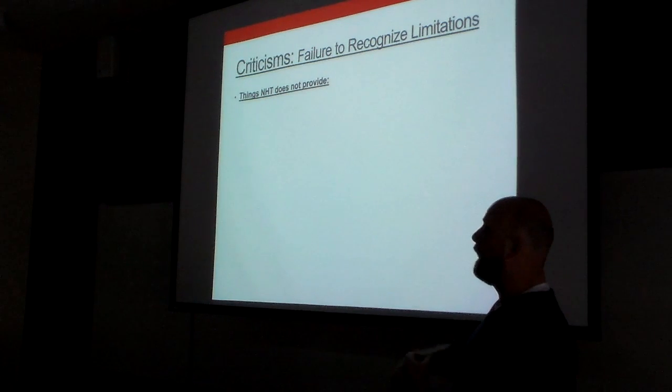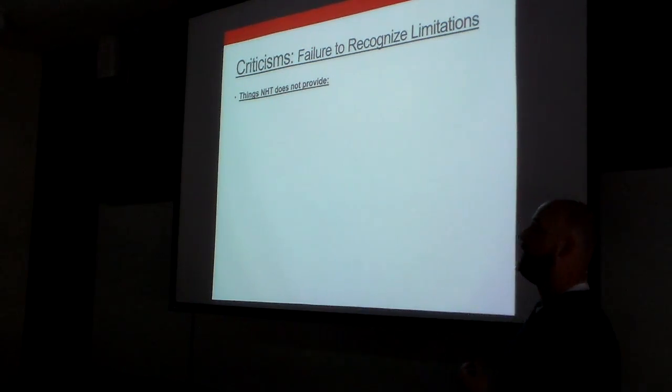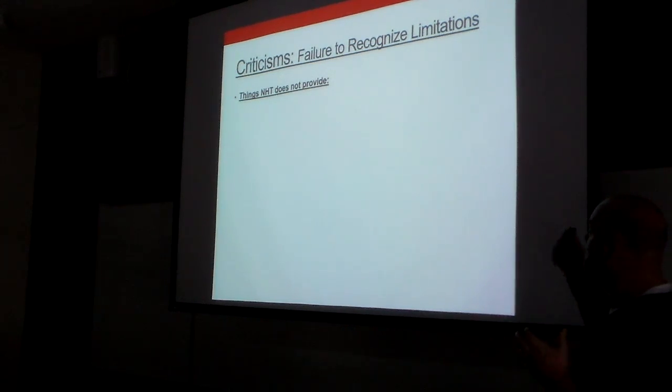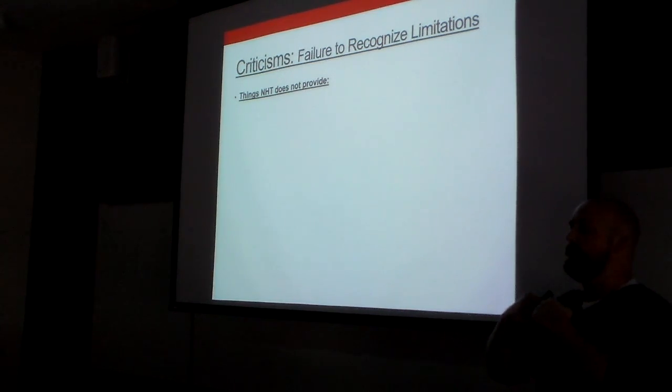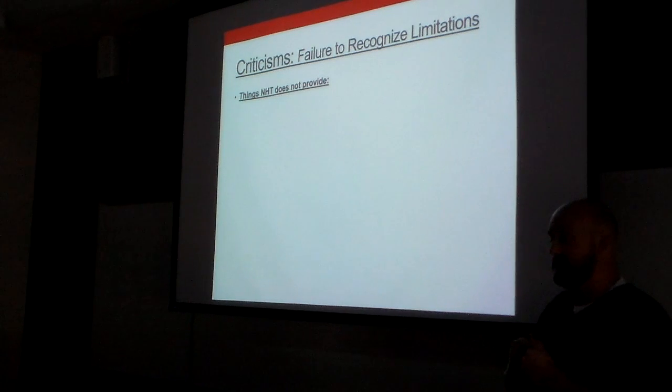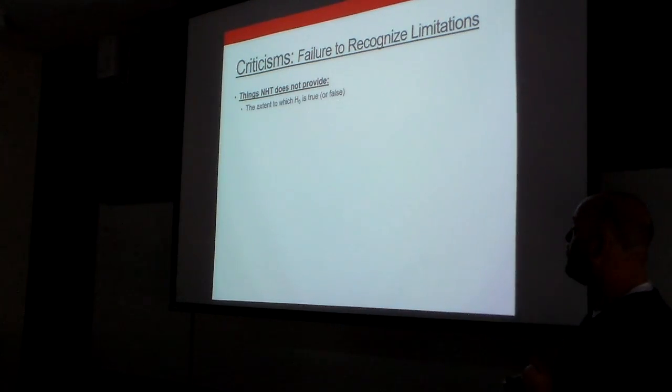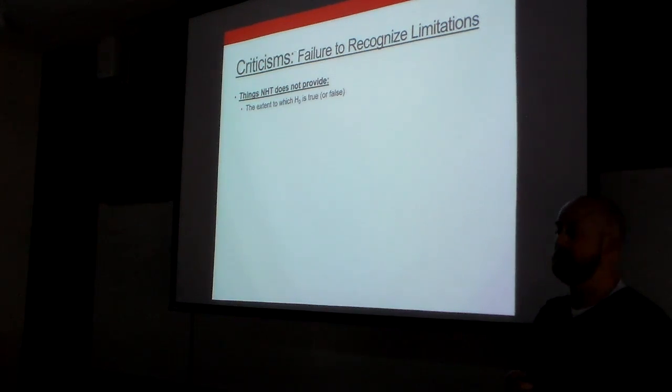So, a criticism of null hypothesis testing that gets people in problems is not recognizing what our system does and what it doesn't do. Things our null hypothesis tests don't provide: the extent to which the null hypothesis is true or false.